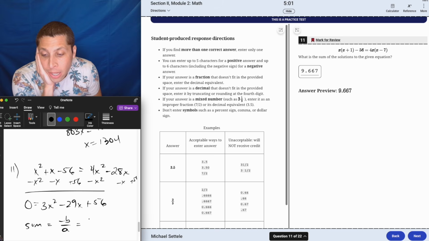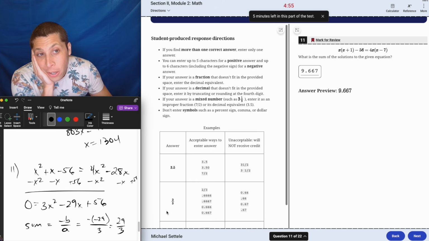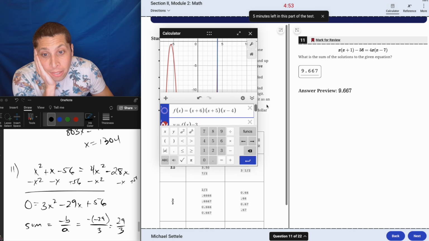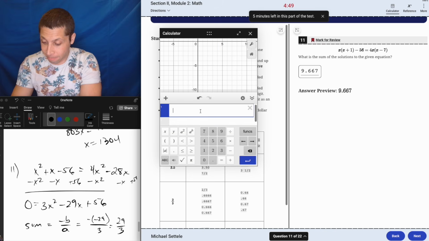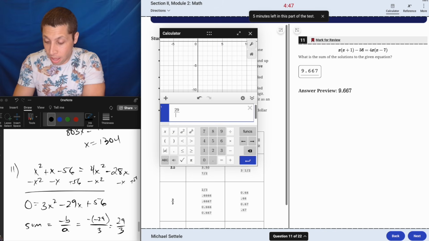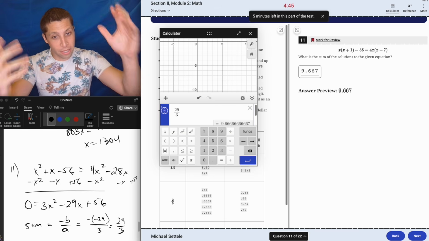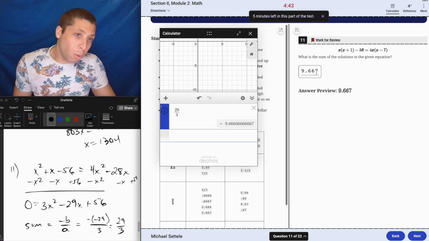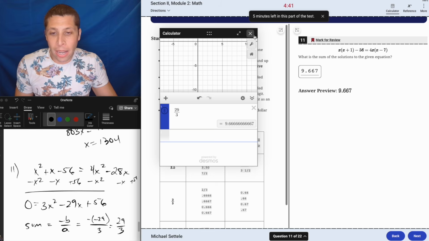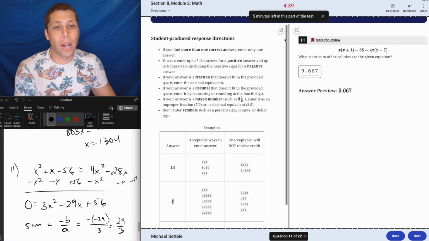That is 29 over 3, so that's 29 thirds, which I'm assuming is 9.667. Let's double check. 29 thirds, 9.666 forever. So let's just leave it at that. That's fine. But that's the answer, 29 thirds. You could put that in as well.